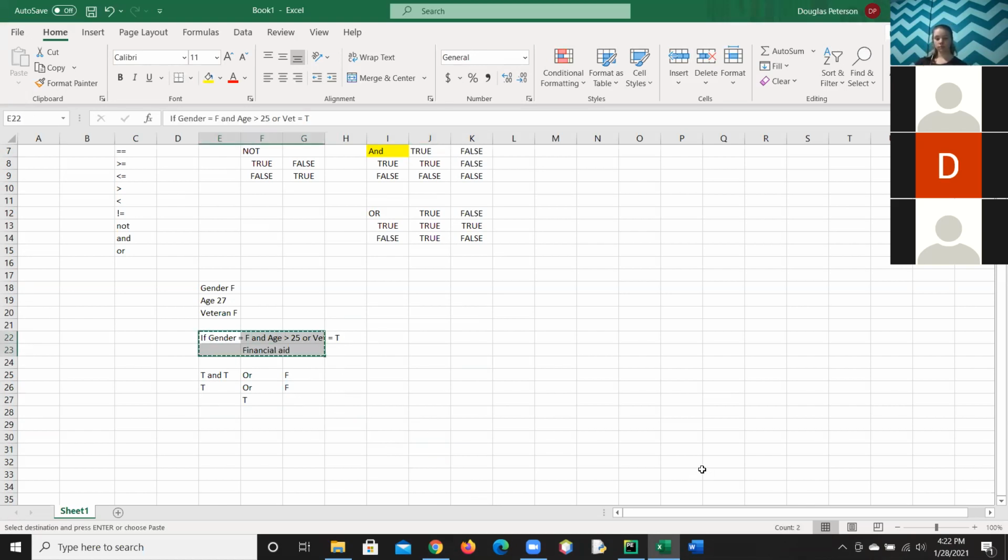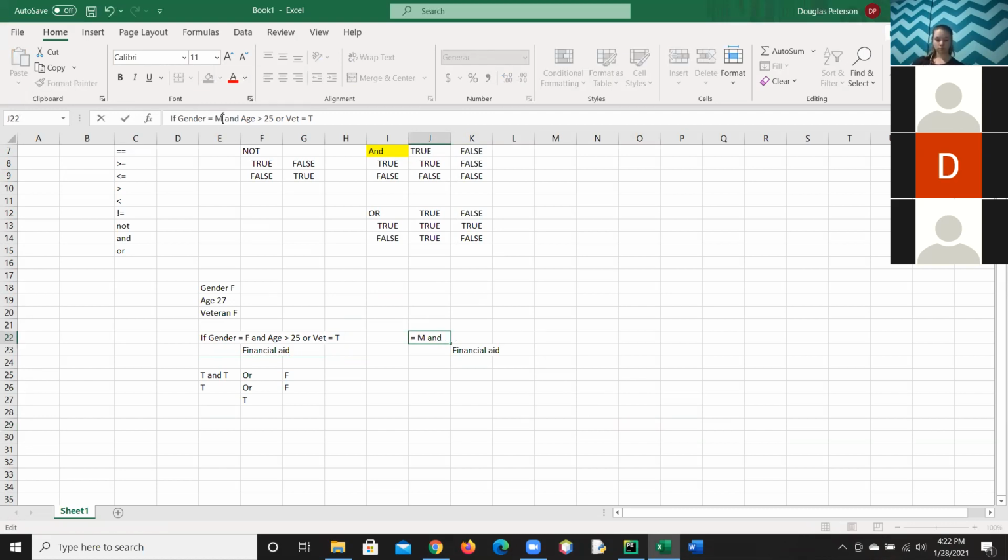So if I do this, put it over here. Let's see if it'll put it there. Okay. So now let me change this a little bit. So this is a male. Or, and let's see. So this one over here is going to be a gender is male. He's 21. And he is a veteran.